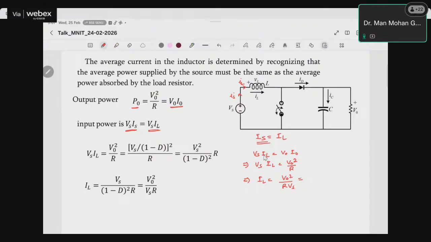If we want to eliminate V node, V node is Vs upon 1 minus d, so this is Vs upon R into 1 minus d square, if we take it in terms of Vs. If we take it in terms of V node, we take V node square upon R to be as it is, or you can say V node upon R into V node upon Vs. And since V node equal to Vs upon 1 minus d, Vs upon V node is 1 minus d. So it becomes V node upon R into 1 minus d. That means IL is equal to I node into 1 minus d.